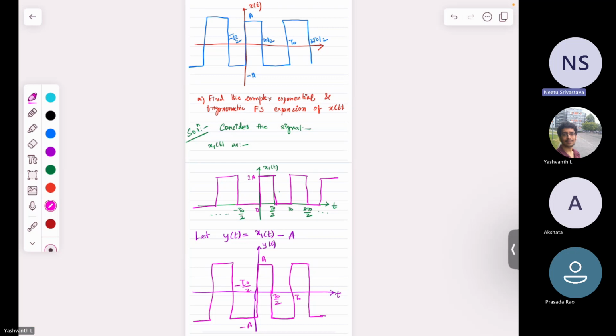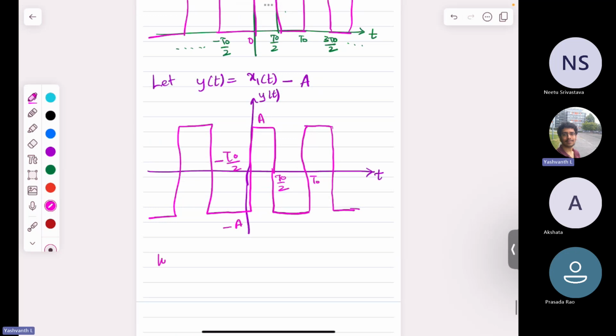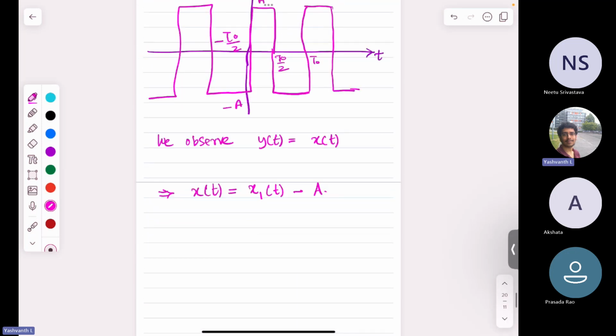Both are same. Exactly, both are same. We observe y of t equal to x of t. Therefore, what does it mean? It means that your x of t can be obtained as x1 of t minus a.